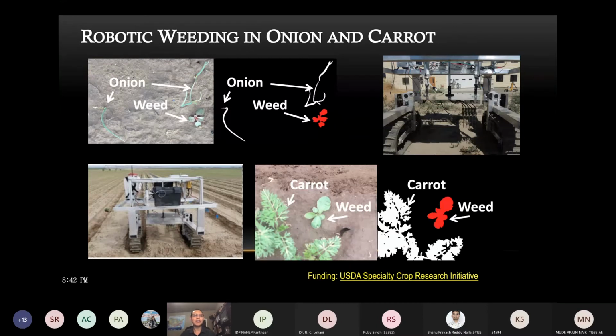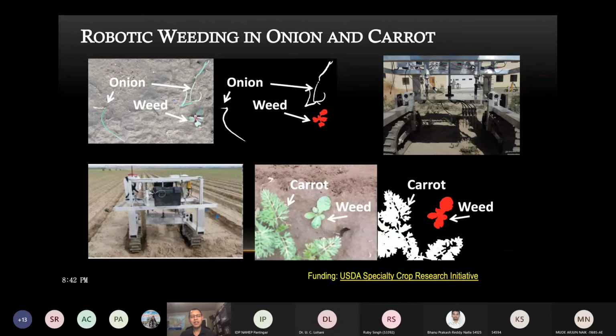Another example here of a robotic system we have developed is the robotic weeding in onion and carrot crops. The vegetable crop industry in Washington is also very important for us, and we're developing some of the robotic solutions that are really essential for these growers.